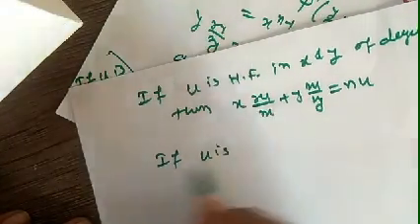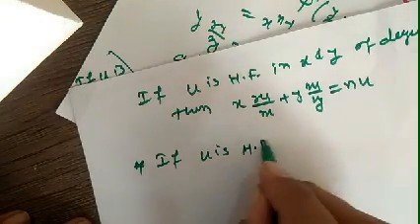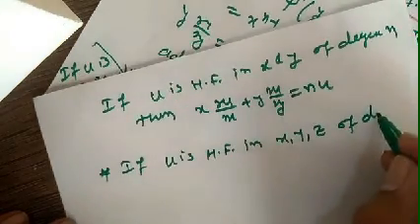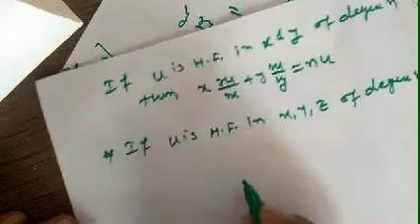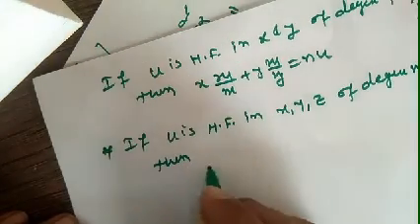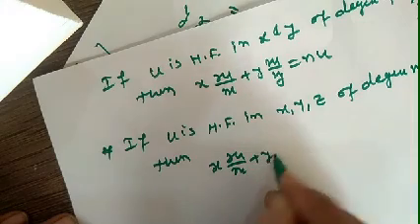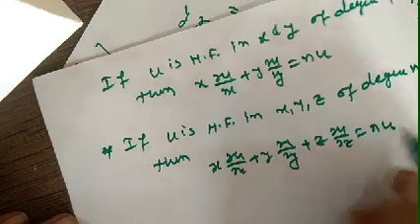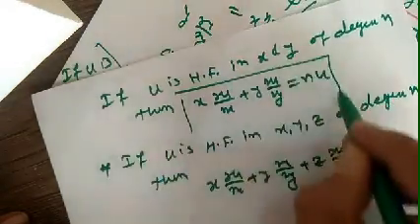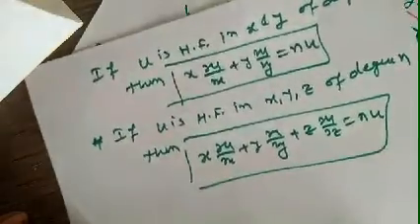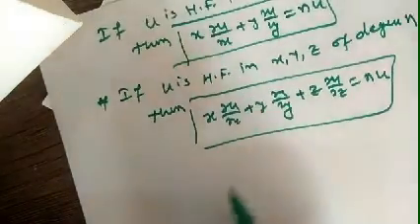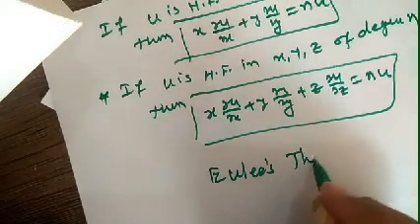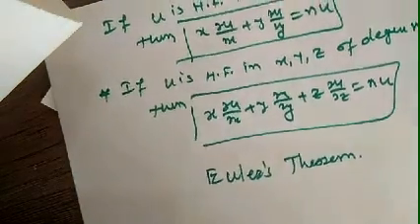If u is a homogeneous function in x, y, z of degree n, then we can write x into del u by del x plus y into del u by del y plus z into del u by del z is equal to n u. And this formula was stated by the great mathematician Euler. This is called Euler's theorem.